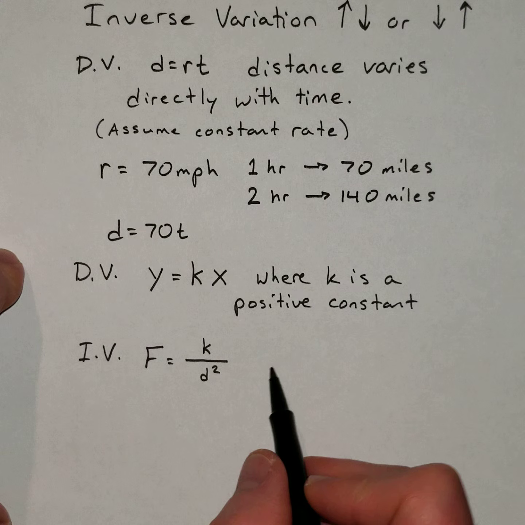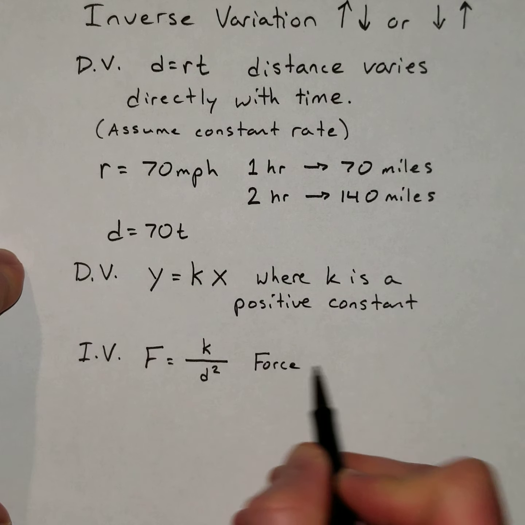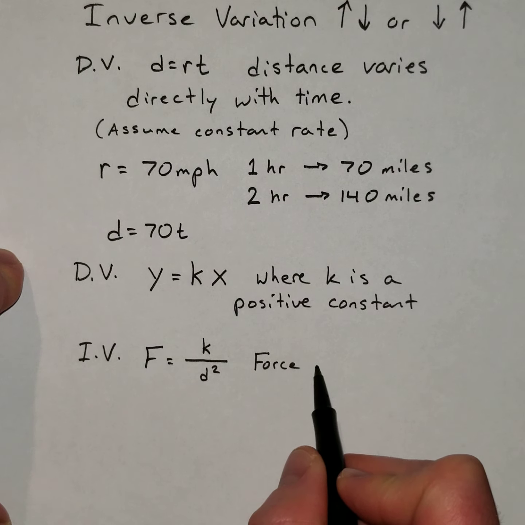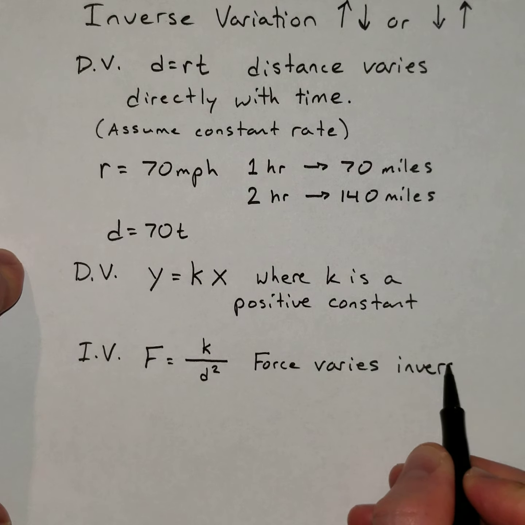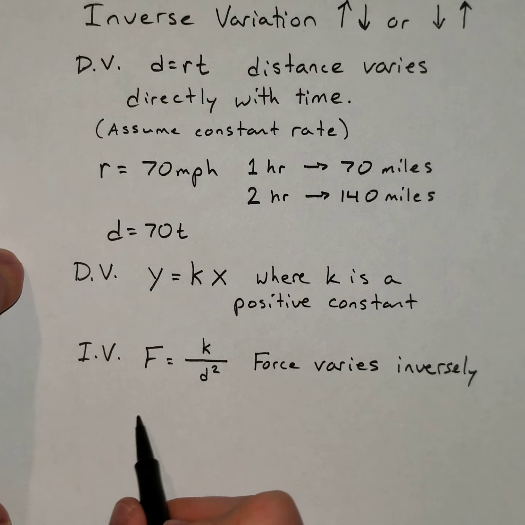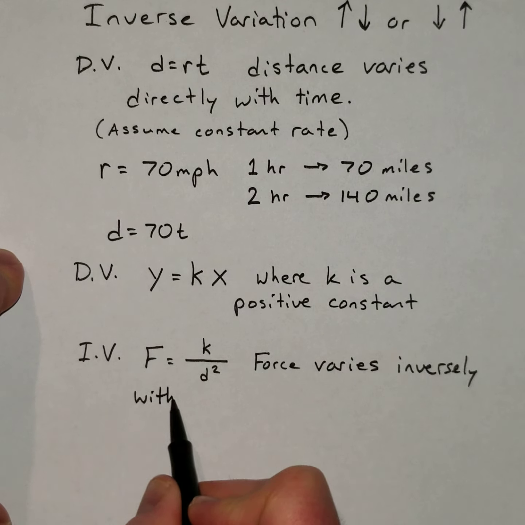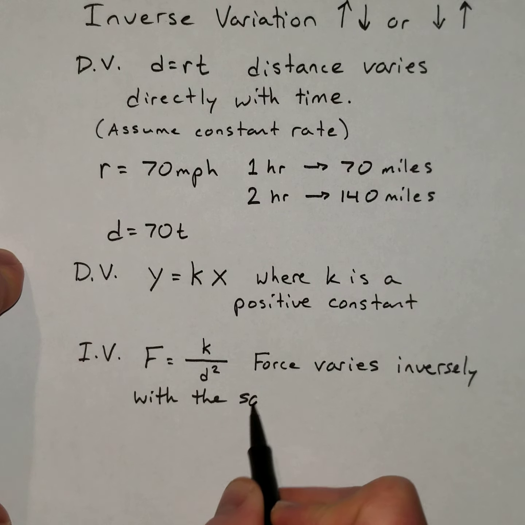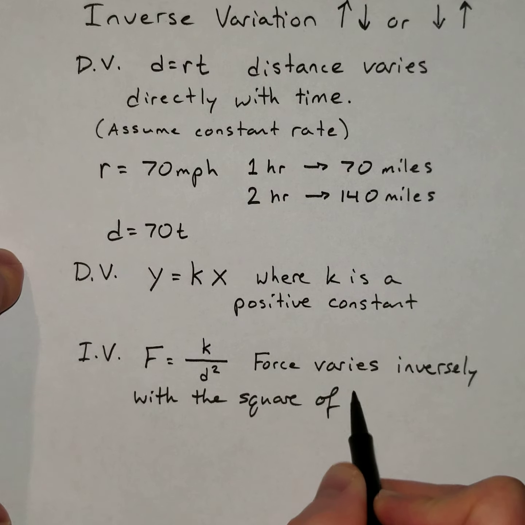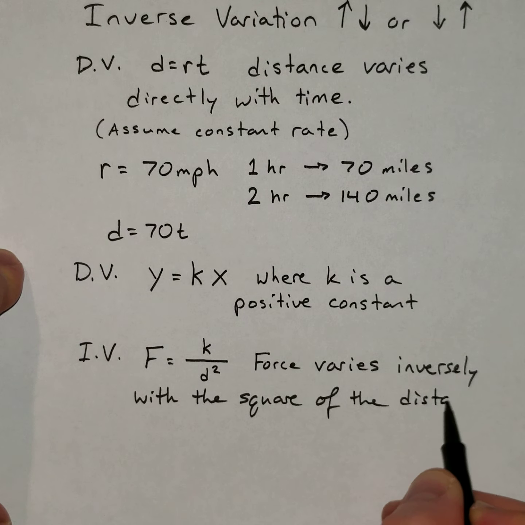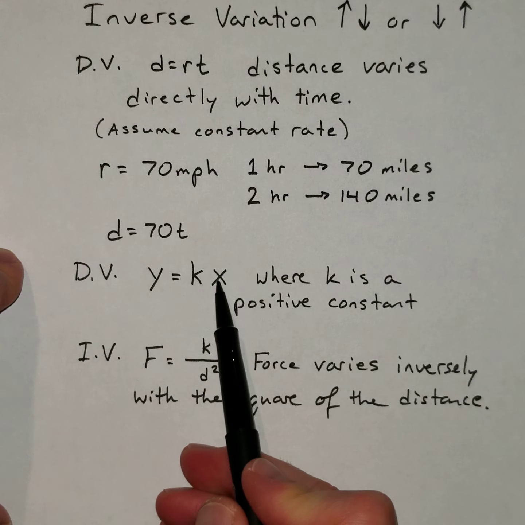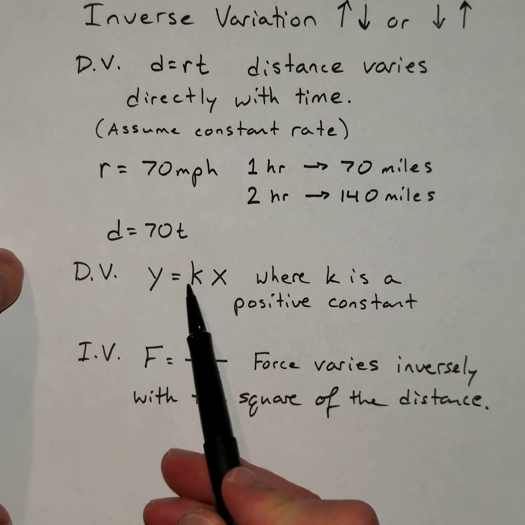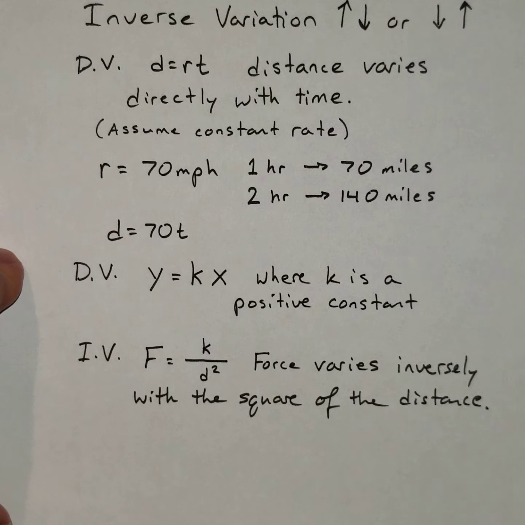So we would say that the force varies inversely with the square of the distance. Okay, and so instead of a constant multiplied by the variable, it's a constant divided by that variable. Okay, so for inverse variation.